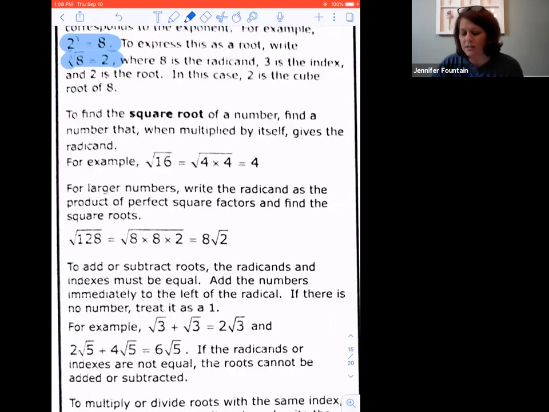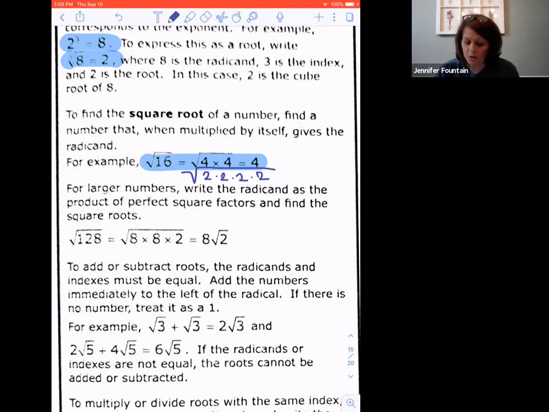It says to find the square root of a number, find a number that when multiplied by itself gives the radicand. So like right here, the square root of 16 is equal to 4, because 4 times 4 is 16. And so those buddies were able to come out as a whole number 4. Now again, in this one, if they had gone ahead and done prime factors, that would be 2 times 2 times 2 times 2.